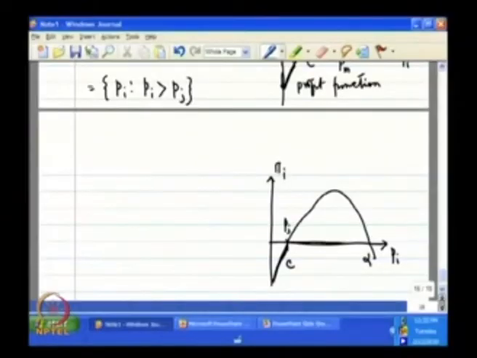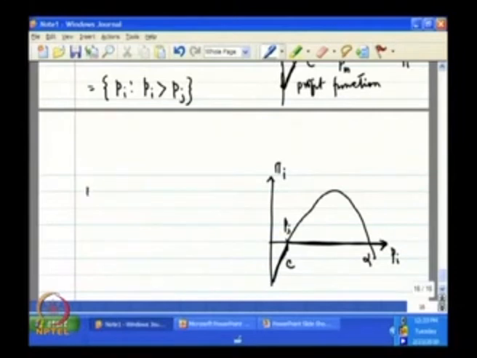If I charge a price equal to C or greater than C, then my profit is not given by this curve that I have drawn, but by this horizontal axis. I am getting 0 profit in that case, which means that I should do that. Because I am not earning positive profit in any case, what I can best do is to earn 0 profit.